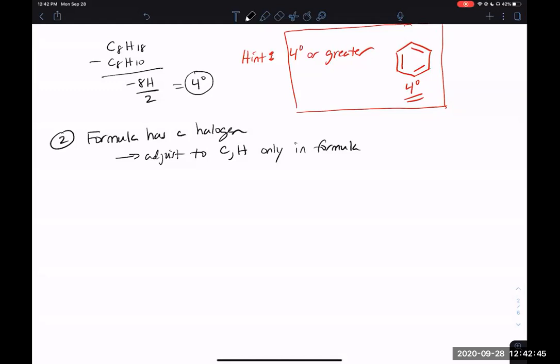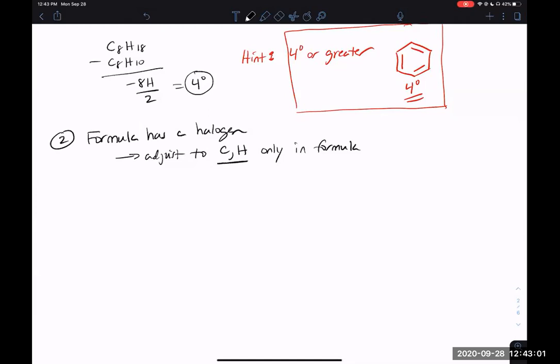But we have to do it in such a way that we don't create unsaturation. So we have to see what a halogen does to the molecule and then figure out how to deal with it, going back to just C's and H's.